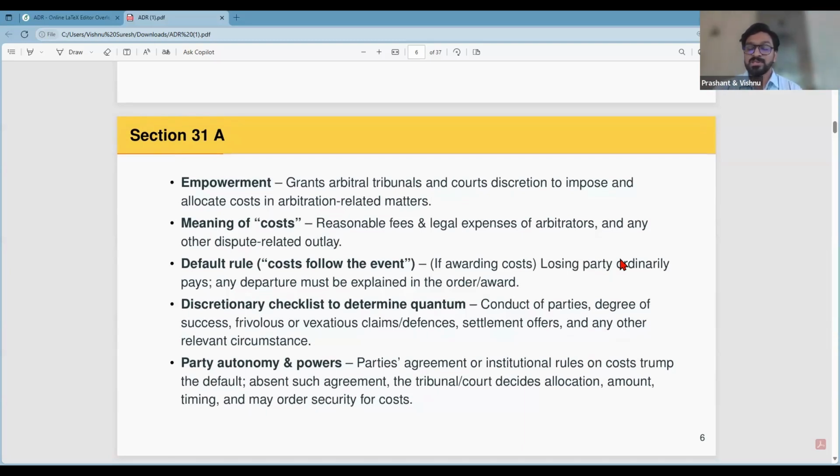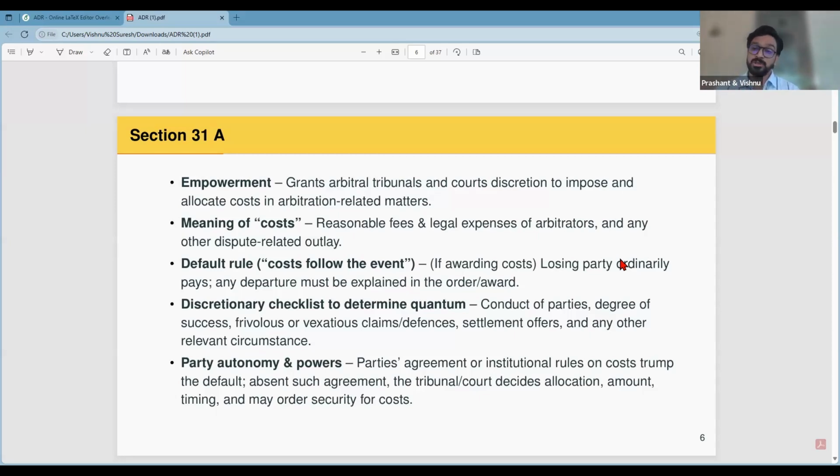What does it empower? It empowers or grants arbitral tribunals and courts the discretion to impose and allocate costs in arbitration-related matters, not just in arbitration, but also arbitration-related litigation which appears before courts. So what is costs under Section 31A? Reasonable fees and legal expenses of the arbitrators or any associated dispute, meaning the litigation.